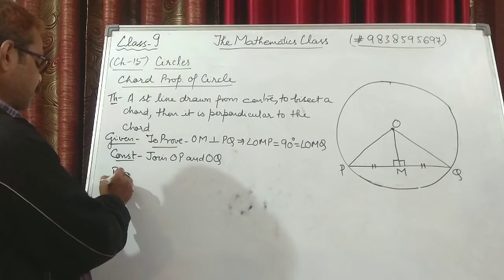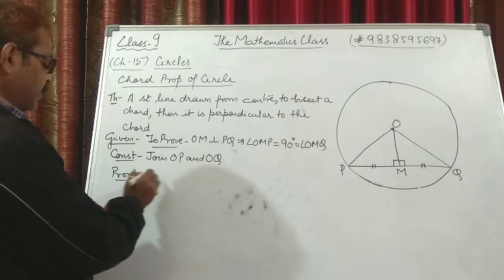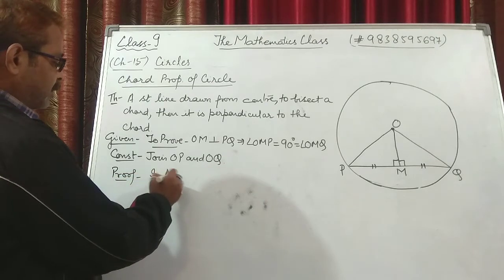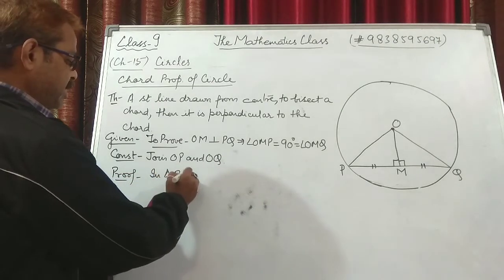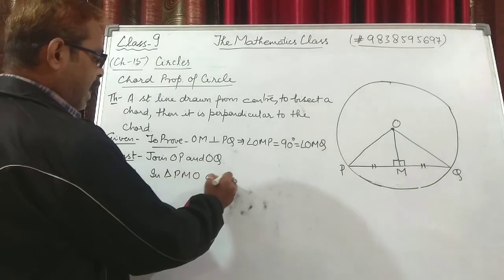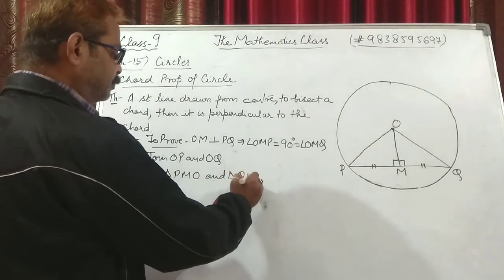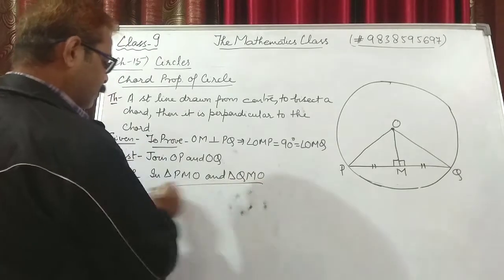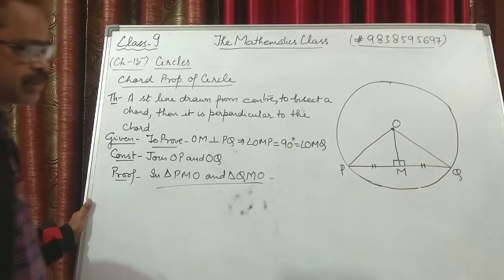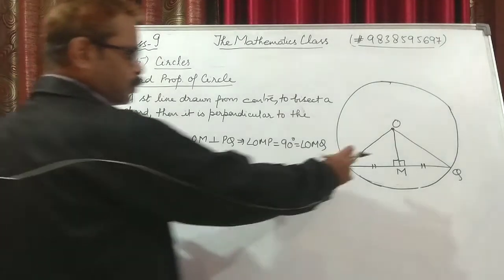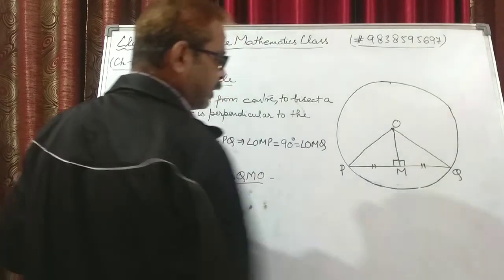Now we move on to our proof part. In triangle PMO and triangle QMO, we have to prove that this angle is 90 degrees.